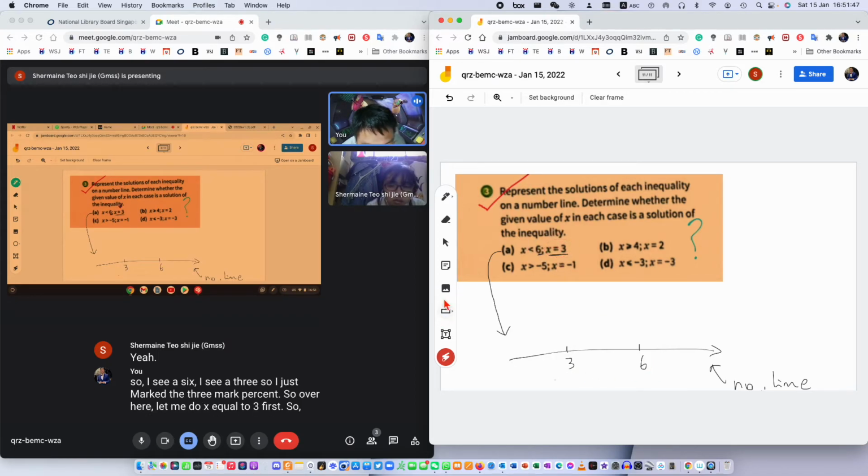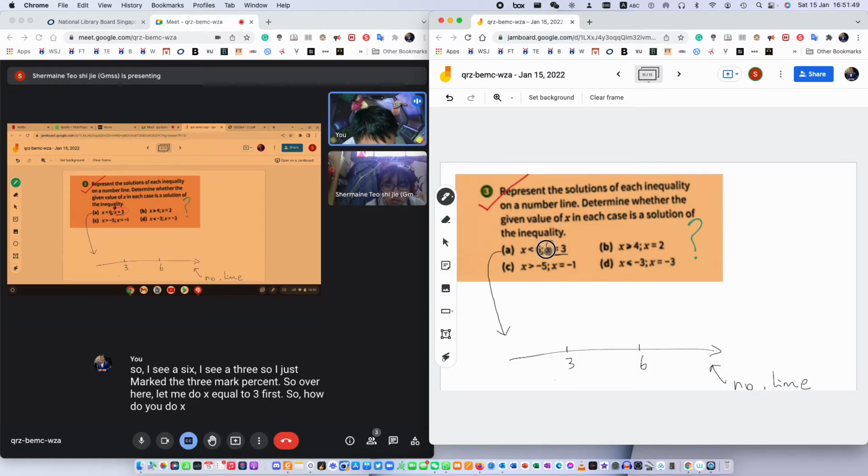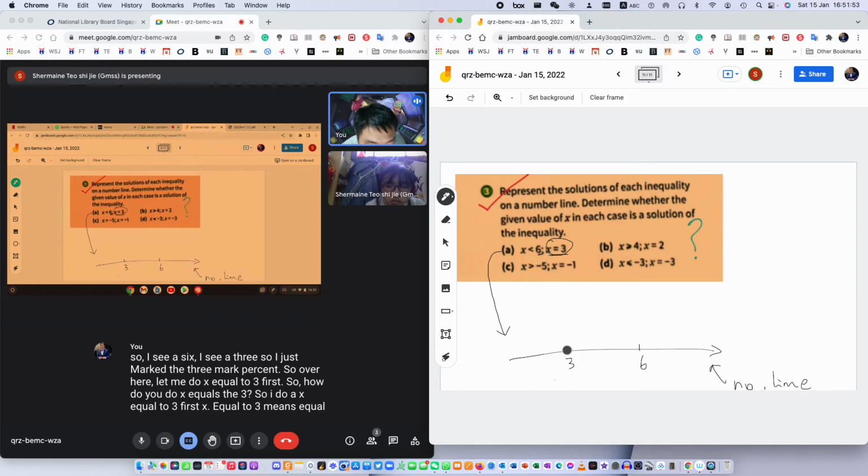So how do you do x equals to 3? X equal to 3 means equal means what? Equal means solid dot. Okay? Done. This is your x equal to 3.